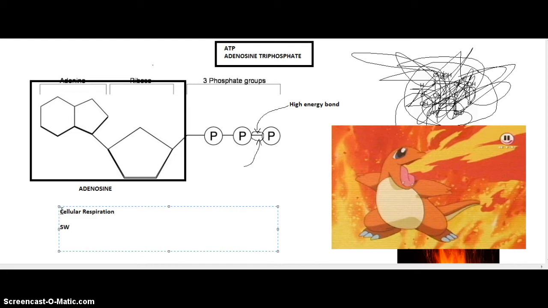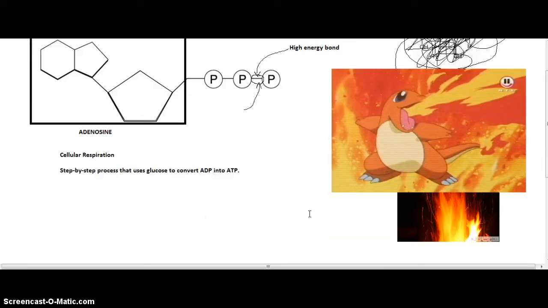Okay? It's a step by step process that turns ADP into ATP.